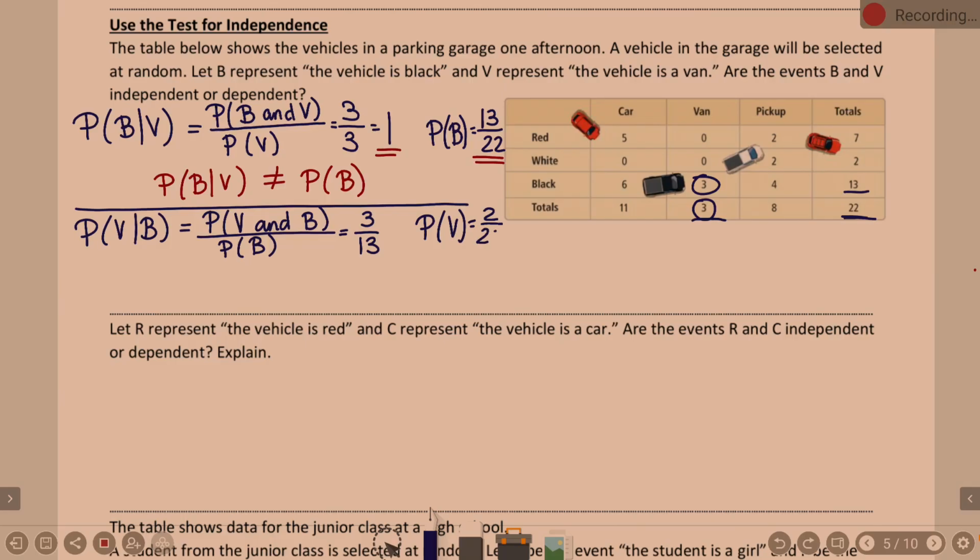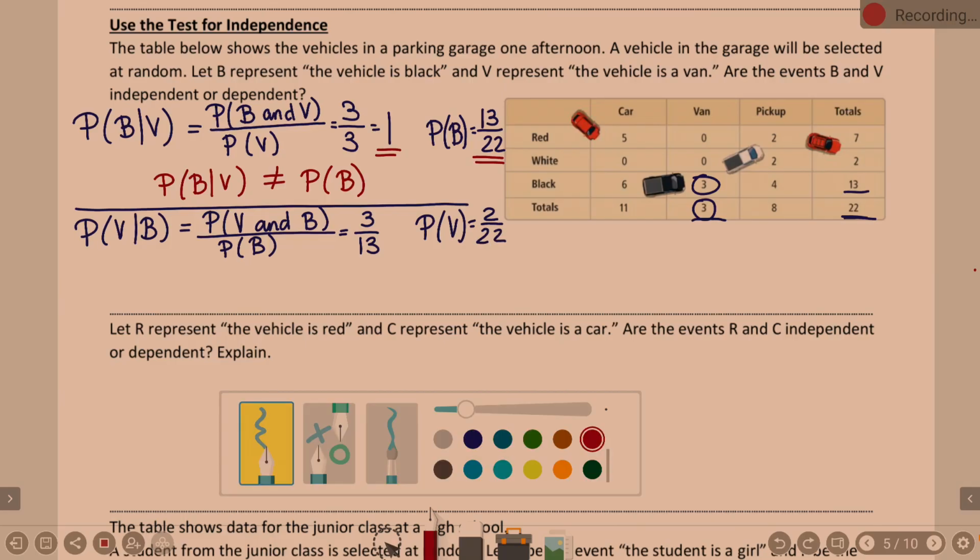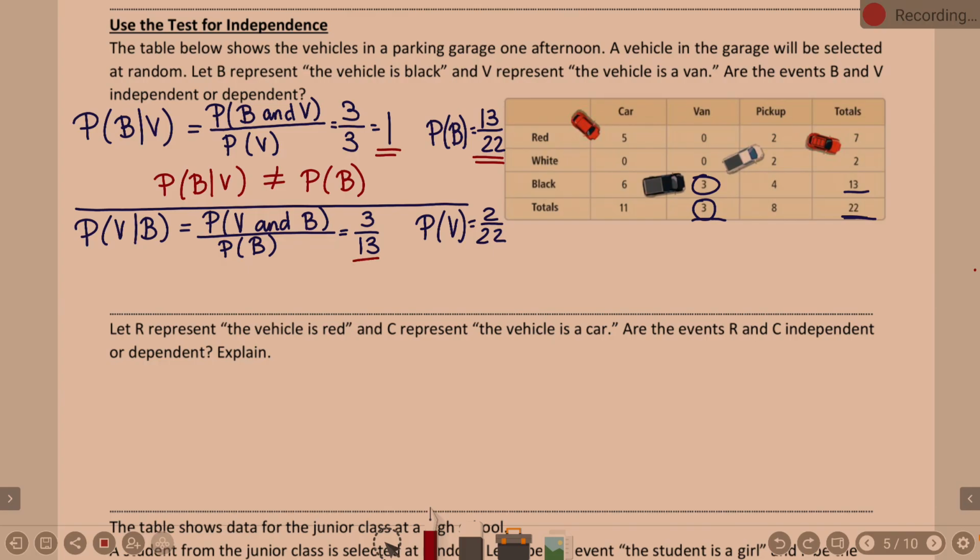What do we know? It's not equal. 3 out of 13 and 3 out of 22 are not the same. So the probability of a van given it's black does not equal the probability of a vehicle being a van.